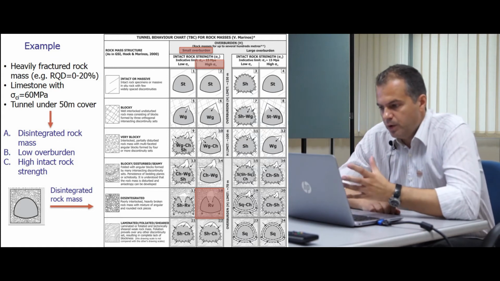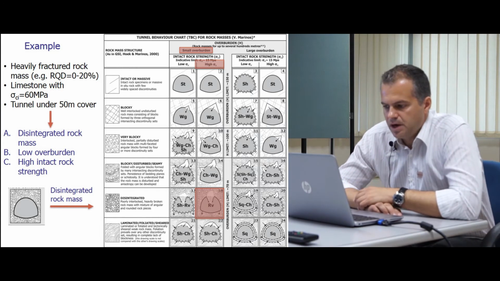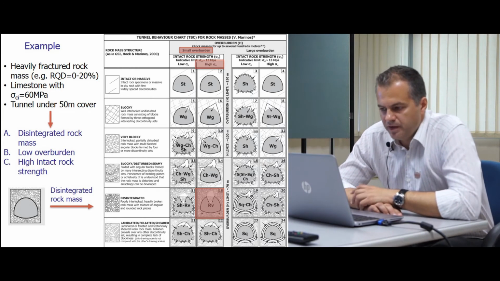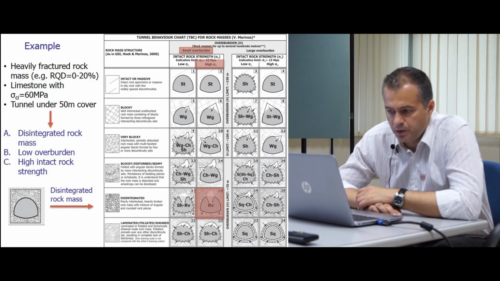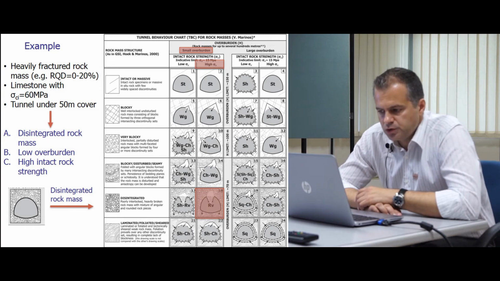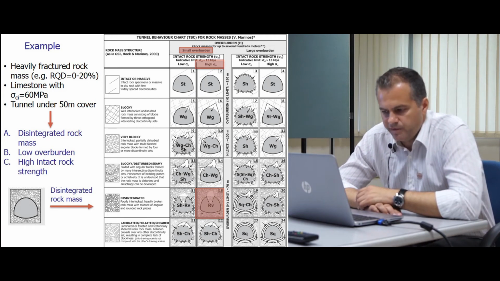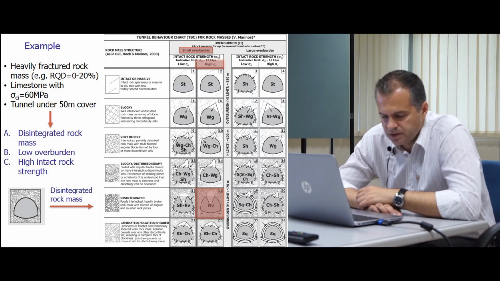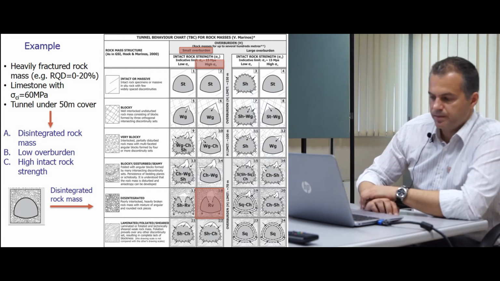The limits are given between these sets of columns. For the first two rows of structures, we have an overburden limit of 150 meters. Then in the very blocky, the limit is around 100 meters. And in the three last rows, the overburden limit may be around 70 meters.